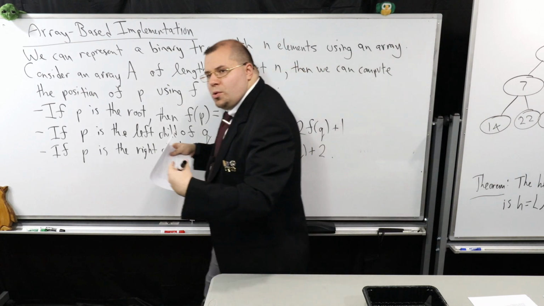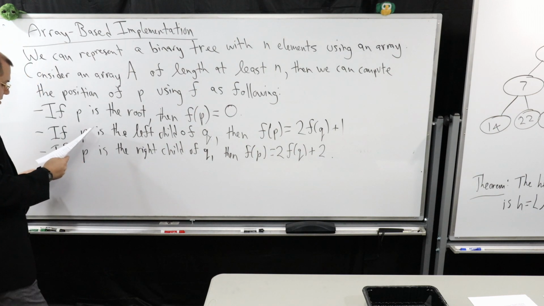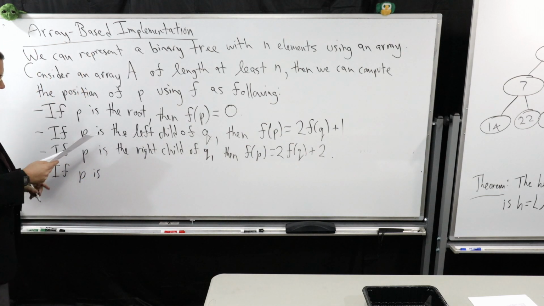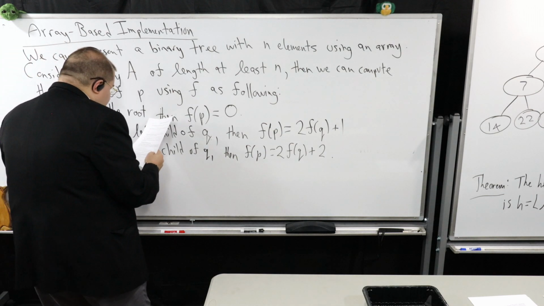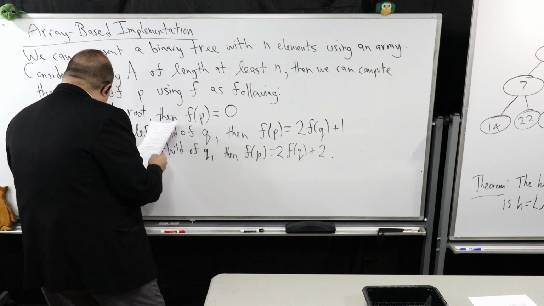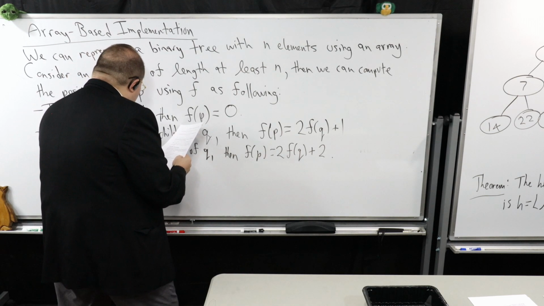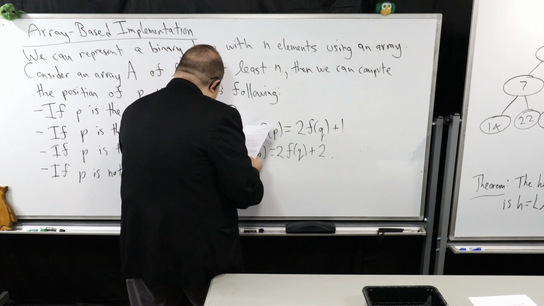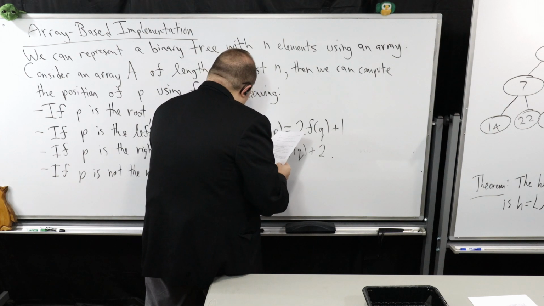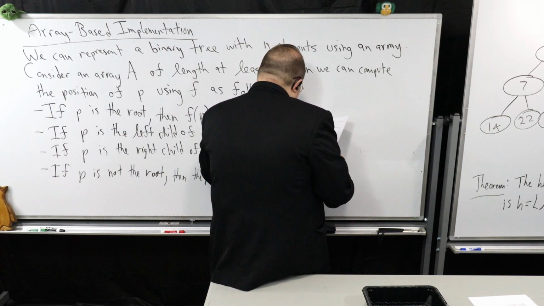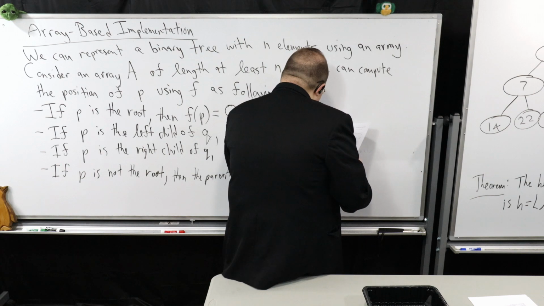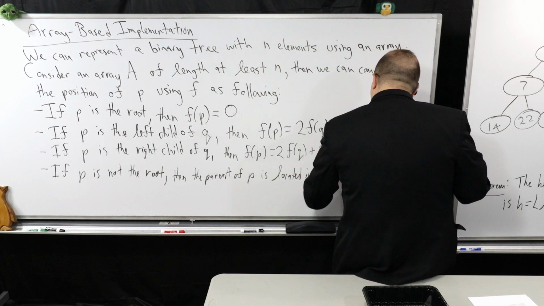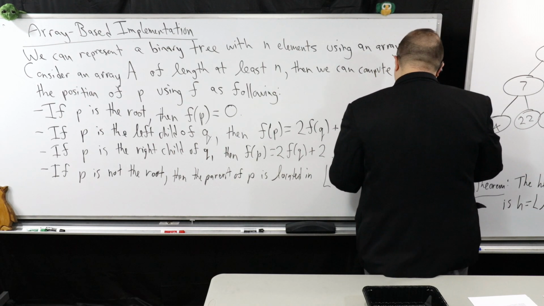And if I want to know where the parent is, so if P is not the root, I'm going to compute it this way. If P is not the root, then the parent of P is located at the floor of (f(P) minus 1) all over 2, rounded down.